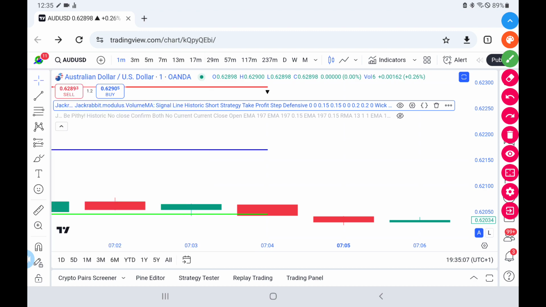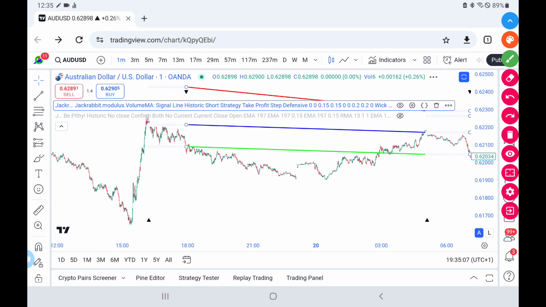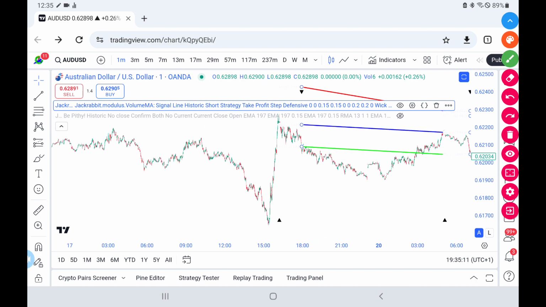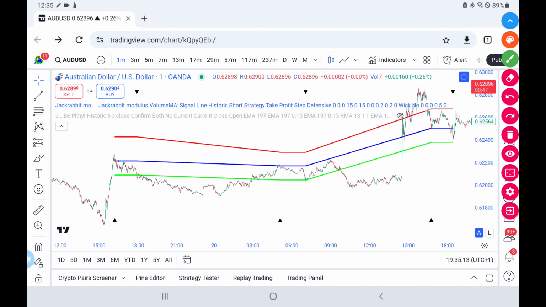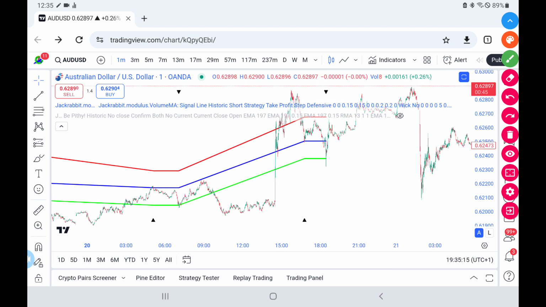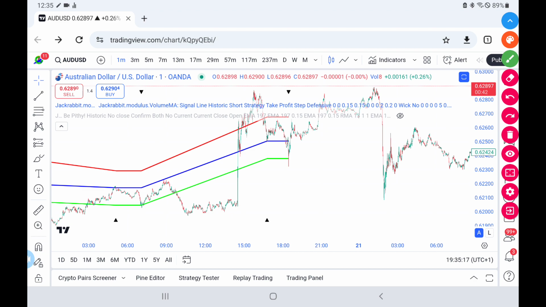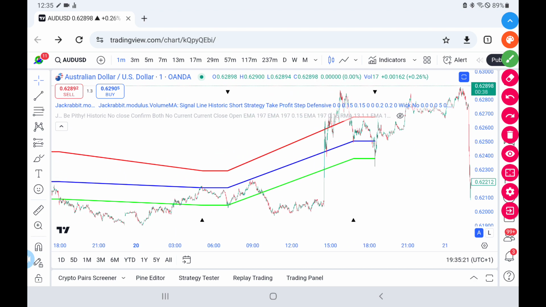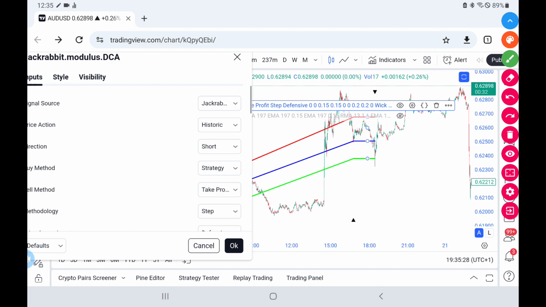So let's actually see the larger picture and go back to the first example where we can see it got out. But now let's actually change it again and see how it changes the trade.